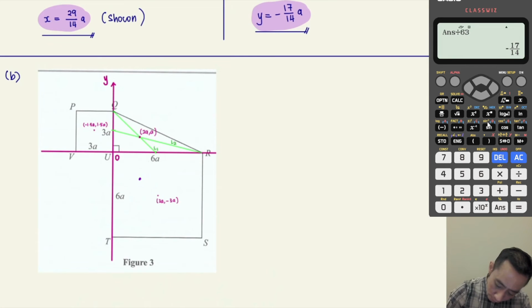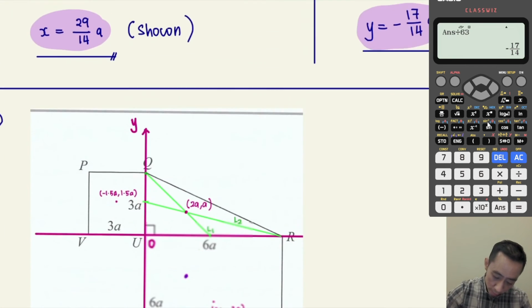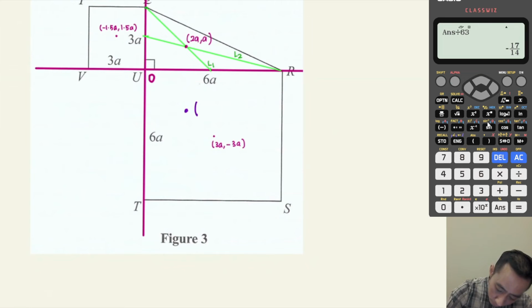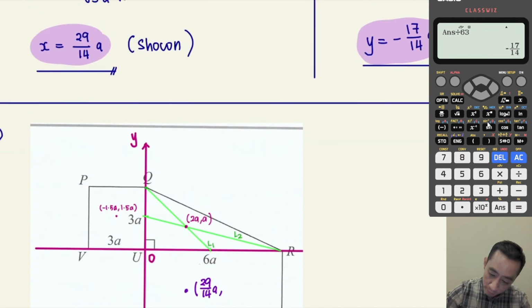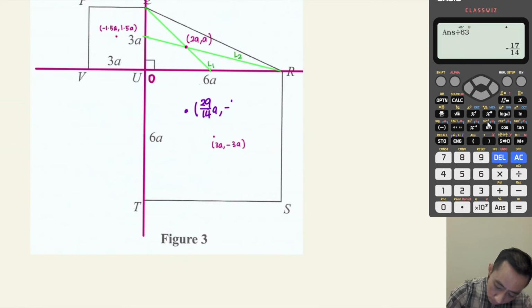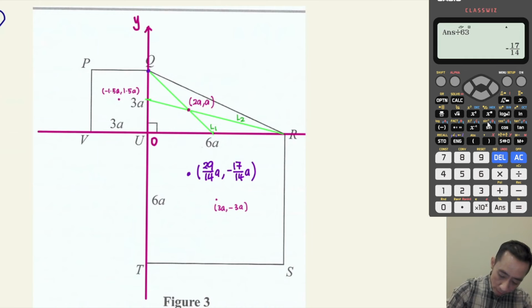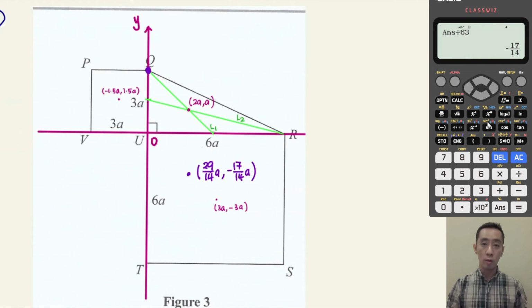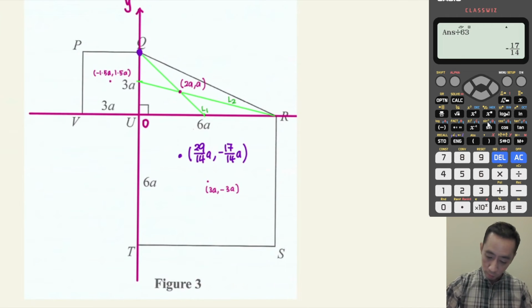So this is 29 over 14a, and then negative 17 over 14. So we hang this object at point Q freely, which means it will directly go to the center of mass. So this is how it will look.